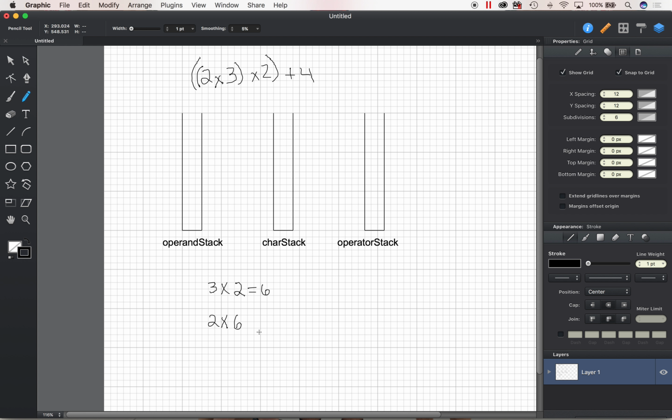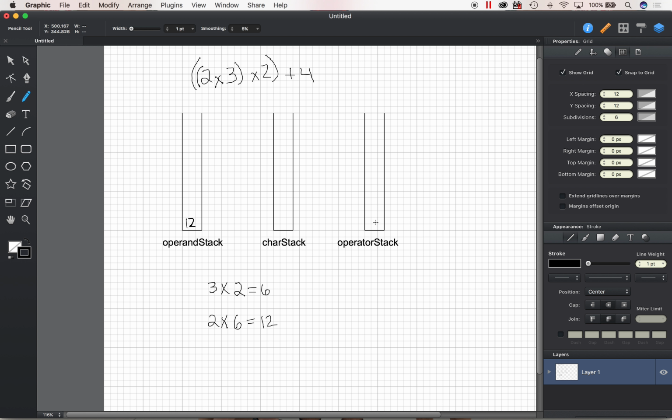Let's perform the arithmetic operation, which is 2 times 6, which is equal to 12. And then I take that 12 and I push it onto the operand stack. 12. That happened as a result of reaching this closing parens. So now we continue from here.